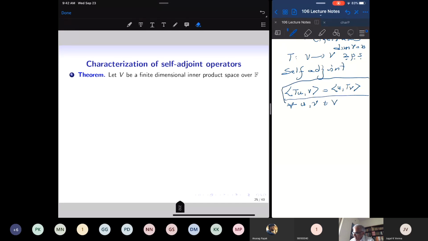And if I take a symmetric matrix, suppose A is a symmetric matrix, then T_A is self-adjoint. If I take a Hermitian matrix, A star equal to A, then T_A from C^n to C^n is self-adjoint. So the symmetry of a real matrix is translated into the property of the linear transformation induced by A, that the linear transformation induced by a real symmetric matrix is a self-adjoint operator.